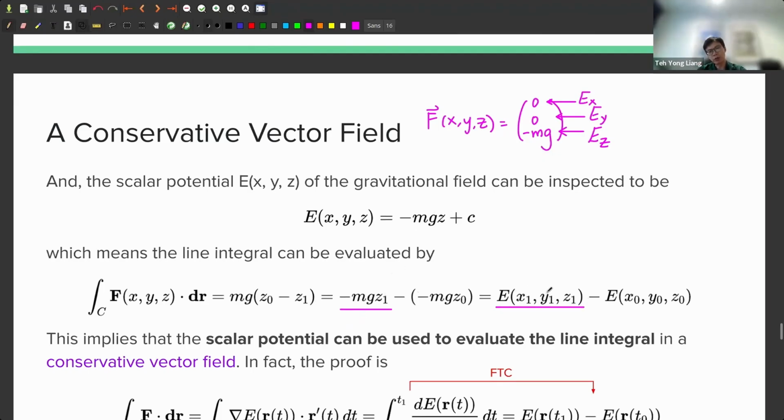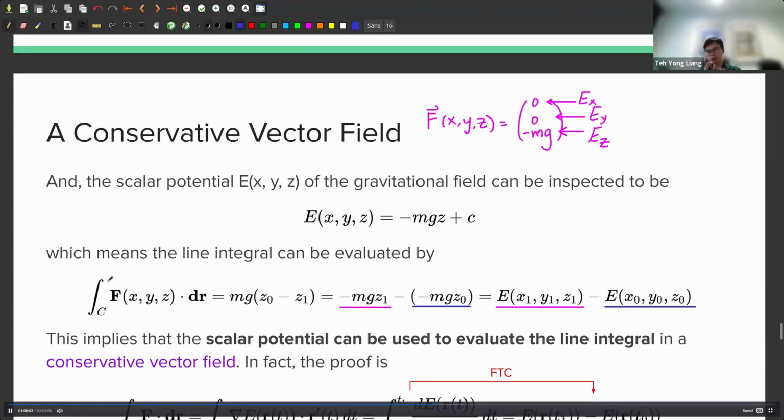Of course, x1 and y1 need no substitution, because this expression has no x and y. But you might notice that with this scalar potential, you just take the scalar potential at the end point minus the scalar potential at the start point, and you are going to get the same result as the line integral.